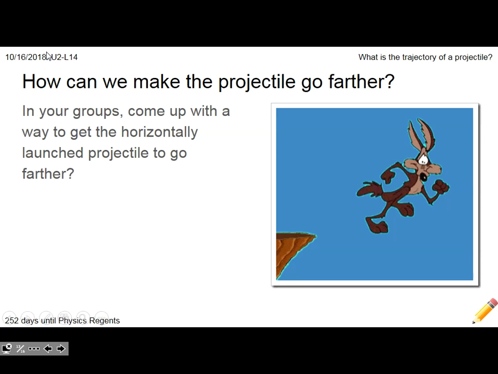All right. So let's just hear from maybe one or two groups on this one. We'll go around the room. Let's start with table 8. Table 7. Table 6. Table 5. Table 4.